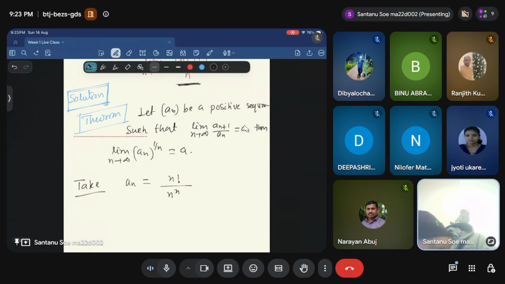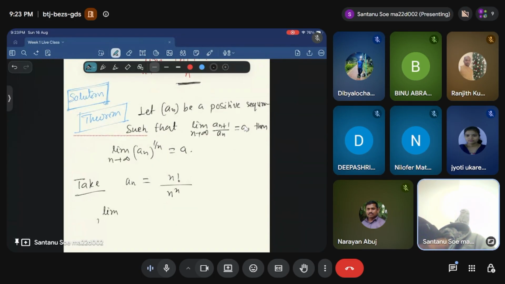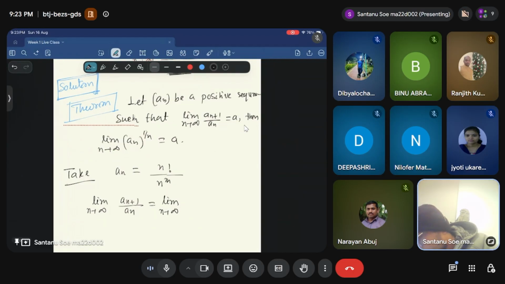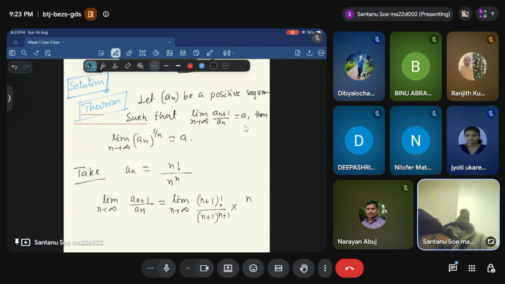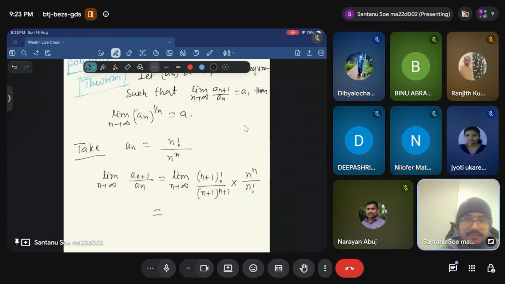So let us try to see what is limit of a_{n+1} divided by a_n. So this will be limit n tends to infinity of (n plus 1) factorial divided by (n plus 1) to the power n plus 1, into n to the power n divided by n factorial.